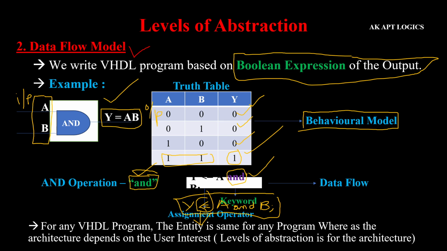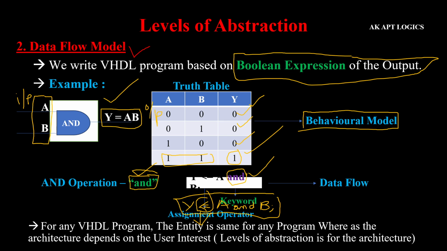In the architecture part, while defining the logic relationship between the inputs and outputs, we have three levels of abstraction: behavioral, data flow model, and the structural model. These things only will be varied for any VHDL program. But the entity which we specify before the architecture is the same for any level of abstraction, right? That point you need to remember.